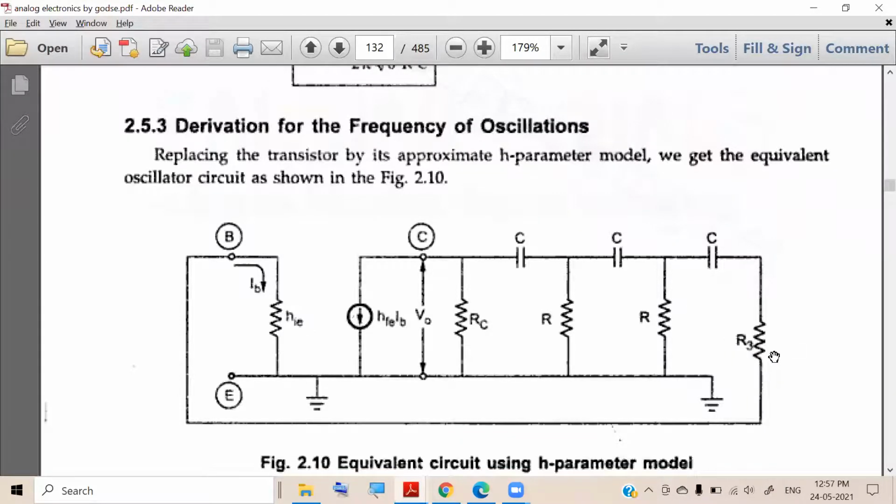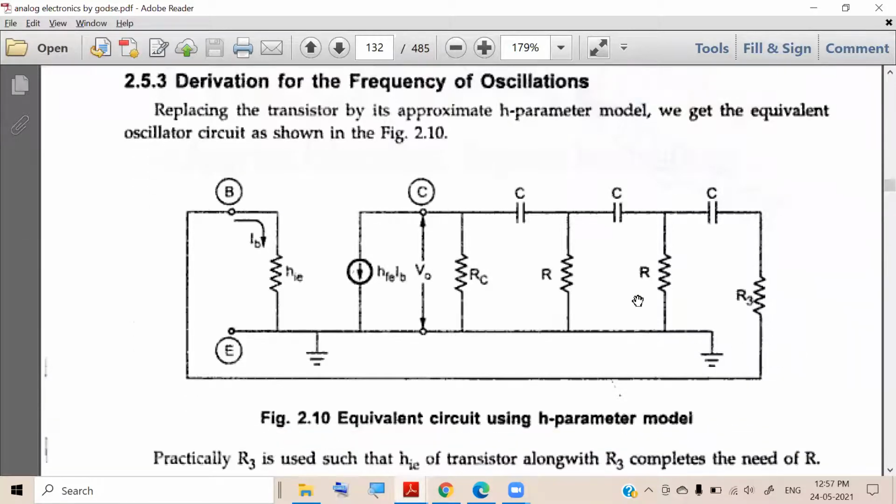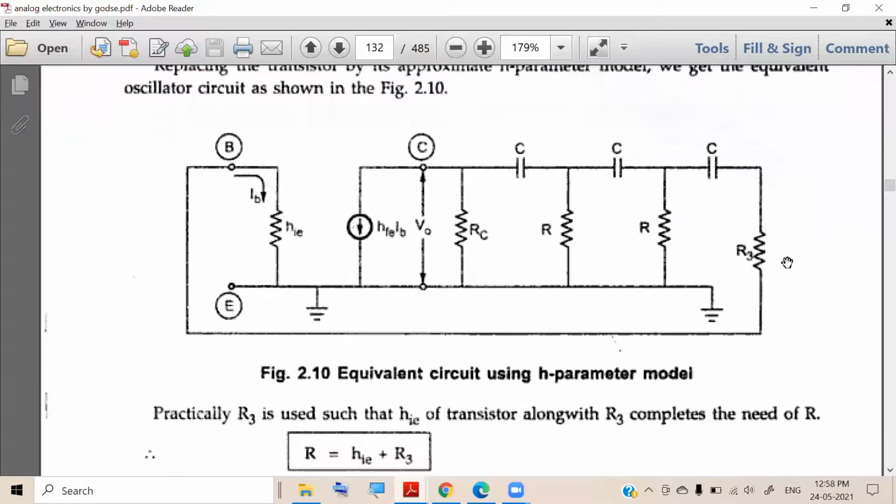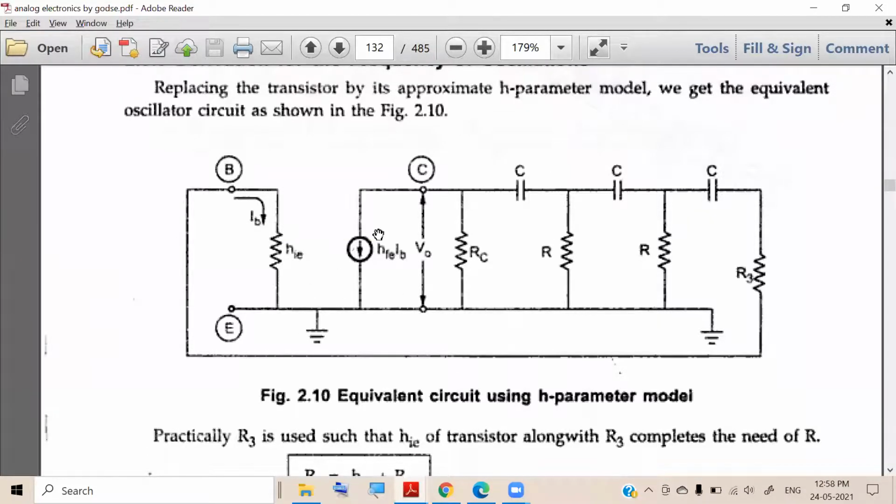Why will we do that? Because we should have three identical networks, and each of the three identical networks should provide 60 degrees phase shift. But the third one we will take somewhat different, because the third one is connected to the input side.